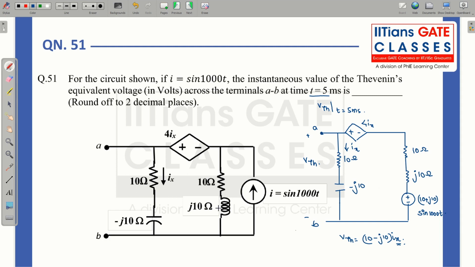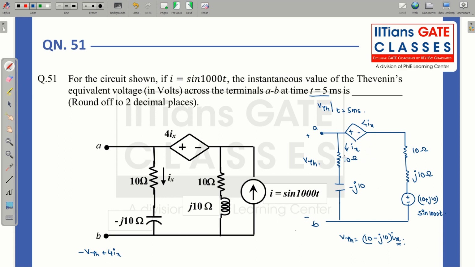If I do that, it will be minus VTH only, instead of writing minus Ix, plus 4Ix. Okay, so this is a current dependent voltage.